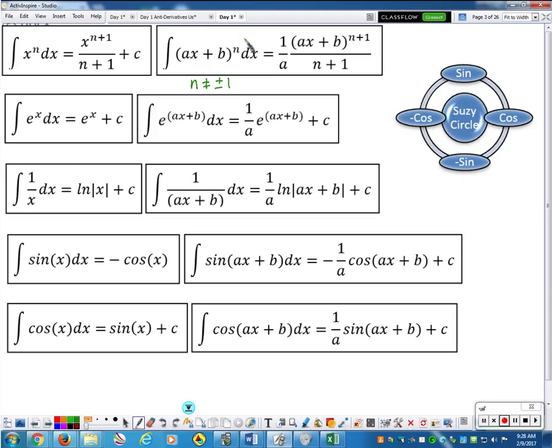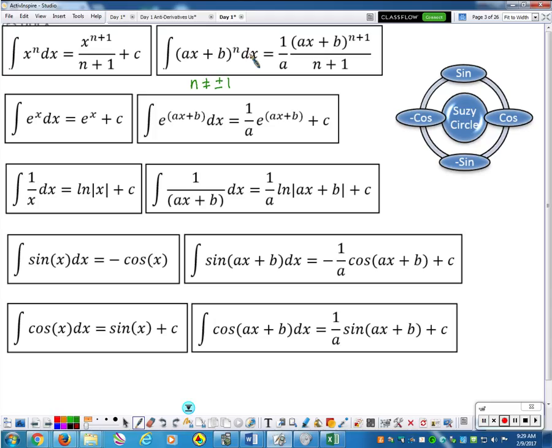But on the multiple choice portion of the test, they're not going to use this rule when the exponent is 1. So make a little note: for this particular rule, don't use it if the exponent is 1. You can't use it if the exponent is negative 1, because you get a 0 in the denominator. But they don't usually use this if the exponent is 1. There's a simpler way, so they just won't do it.